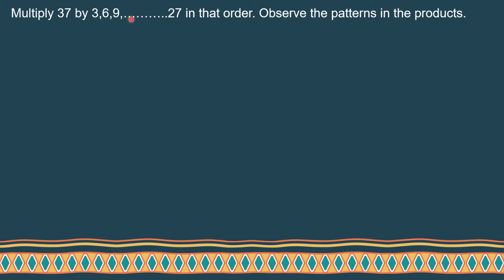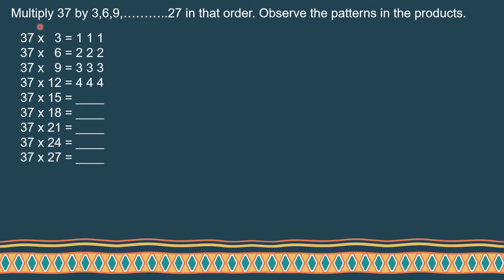It is 12, then 15, then 18. These are the products of the 3 times table. So we will multiply the products of the 3 times table with the number 37 and observe the pattern in the product.